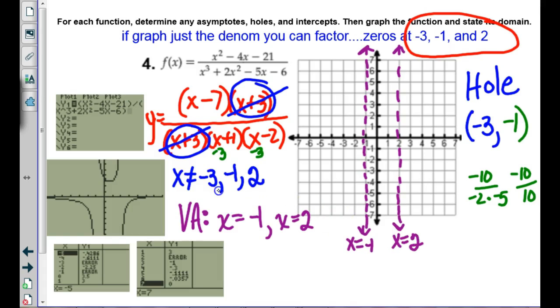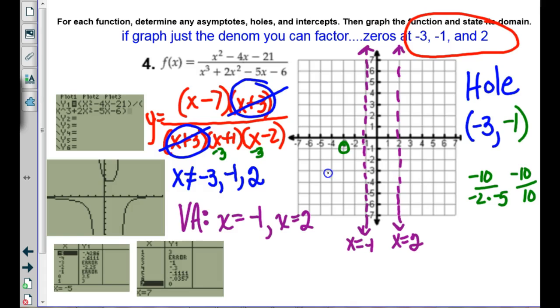All right, this had a hole at -3, -1 over here. So I'm going to draw a big hole over there, because that should help us graph this in a minute. Anything else? I don't think we need to graph anything else yet.